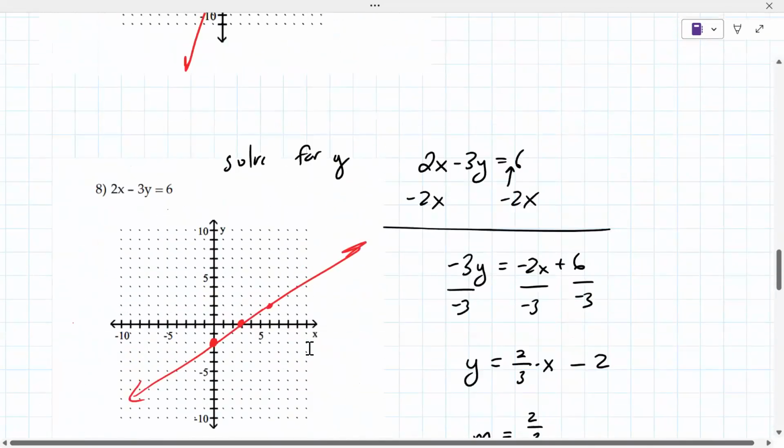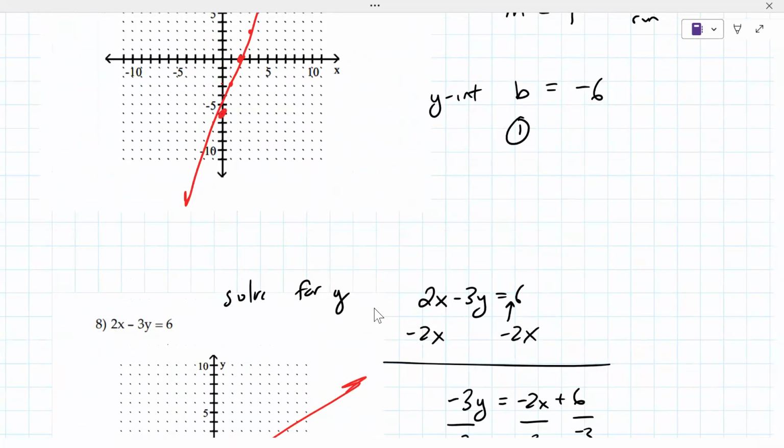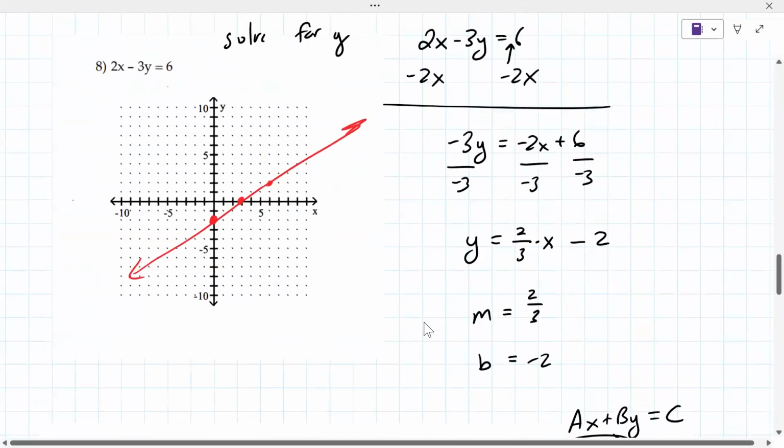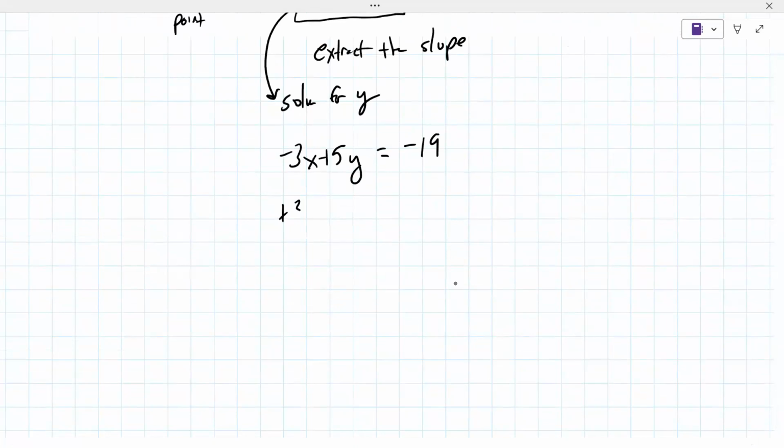Just to be clear, there was this problem here, number 8. What did we do first? We would add 3x. So yeah, in your problem, you would add 3x to both sides.